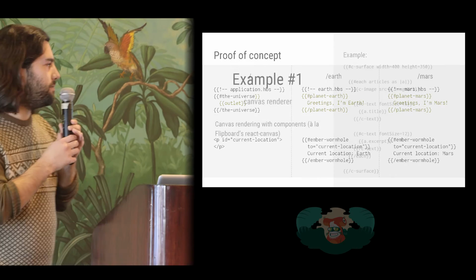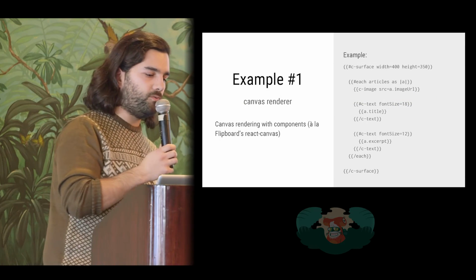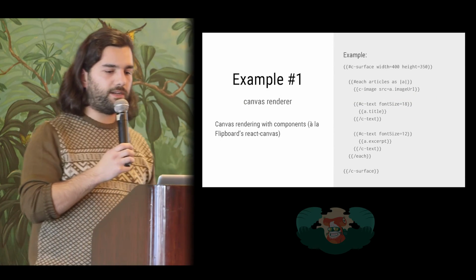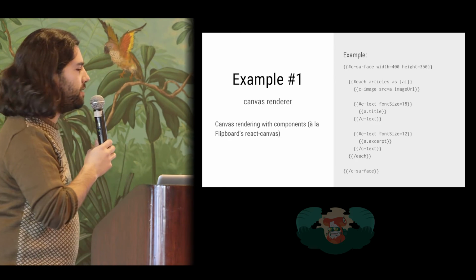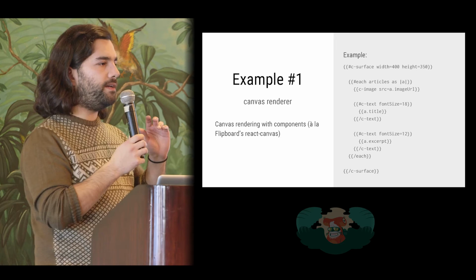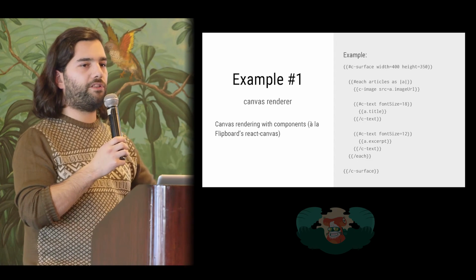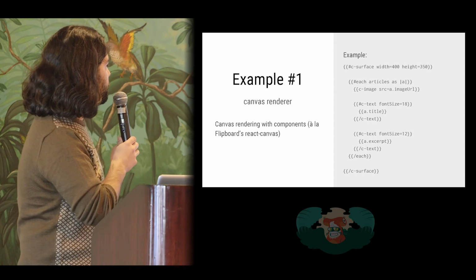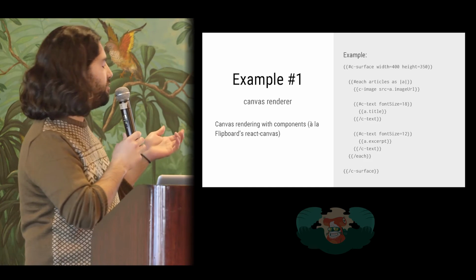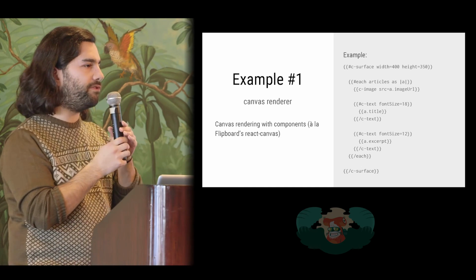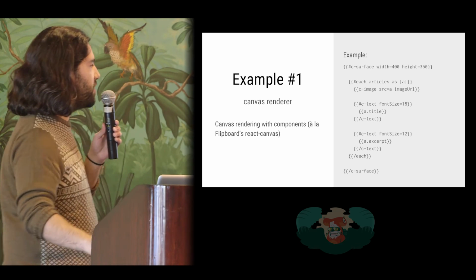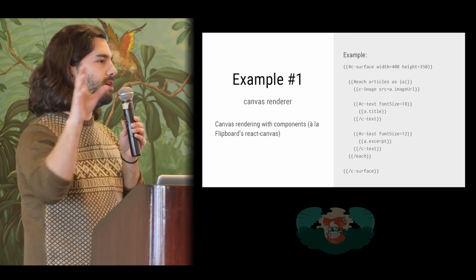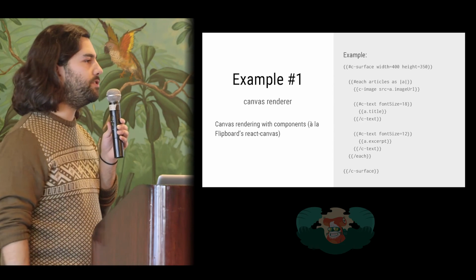So these 2 examples, one add-on and one proof of concept, are what I made. But the idea here is to extrapolate this to a lot of other possibilities. For instance, maybe you've heard of React Canvas from Flipboard. From what I looked at in their code base, it should be possible to make a one-to-one map to Ember using this.